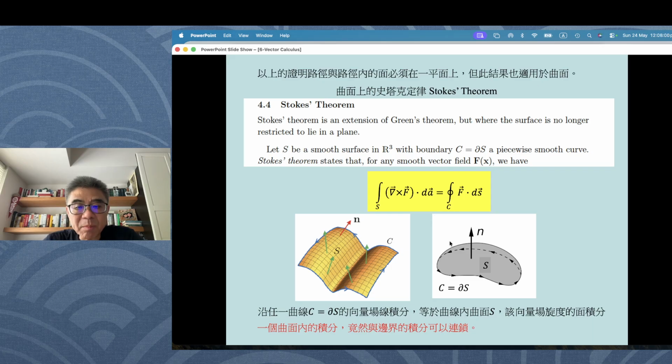Again, the boundary in this page is called C, and it's the boundary of this curved surface.